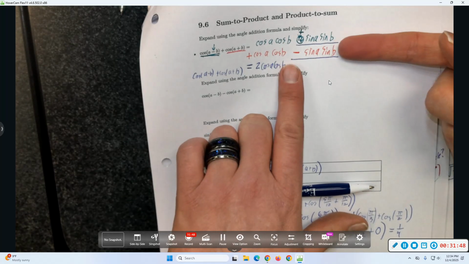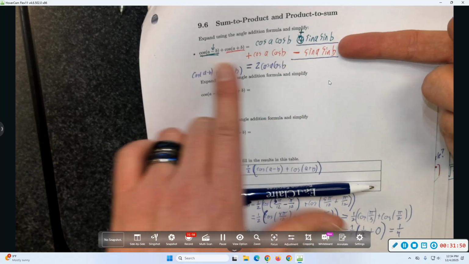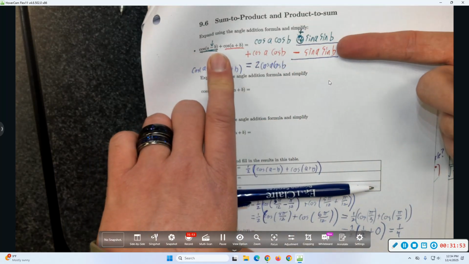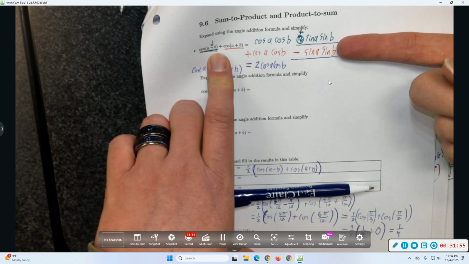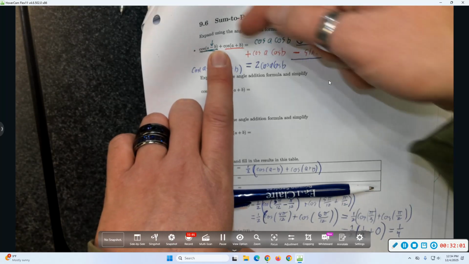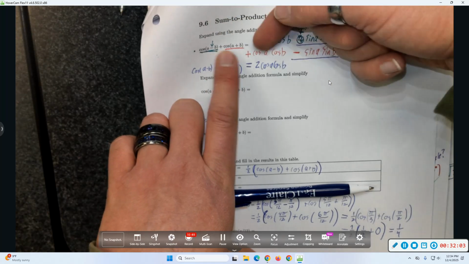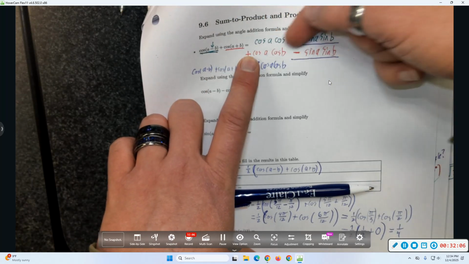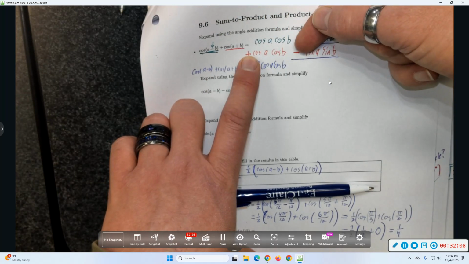So there's what we have. How would you need to change this to get the sine times sine to show up instead of cancel? We need to subtract. Yeah. If that were a minus instead, then these would cancel, and that would be a minus minus, so it would sum.